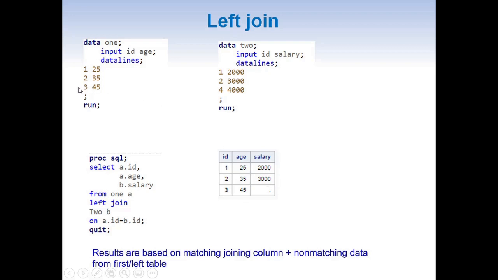And ID3 does not have a match in dataset 2, but because this is a left table, the information from the left table will also come into the result, and we will have missing information for the right table variables. Here, if you can see, the right table variable is b.salary and it will be missing.